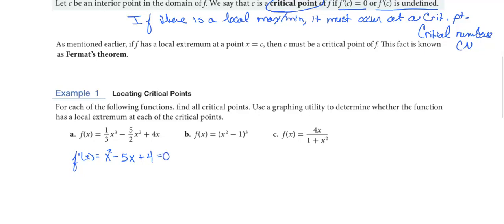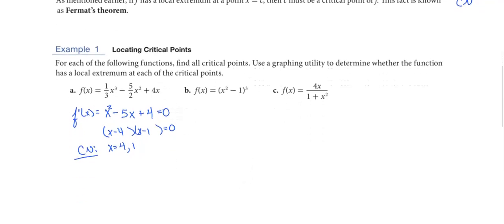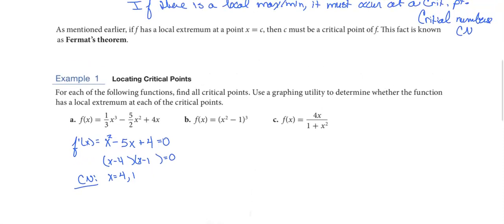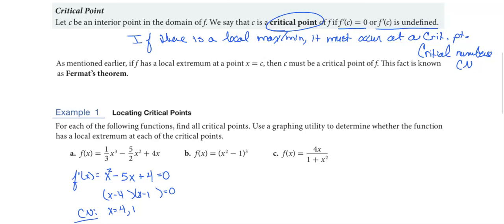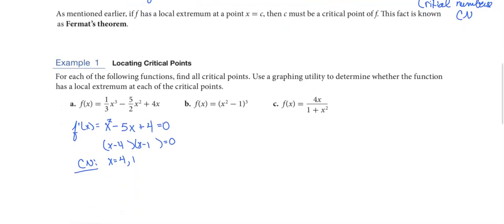So we're going to set this equal to 0. So x is going to be 4 and 1. So these are our critical numbers. Now you also have to think about where the derivative is undefined, and in this case, that derivative is a polynomial, so it's never undefined.